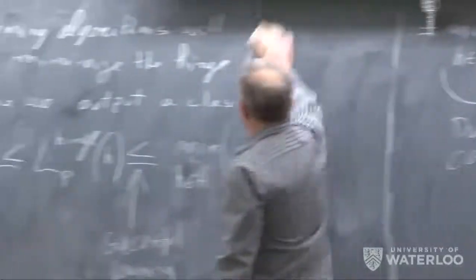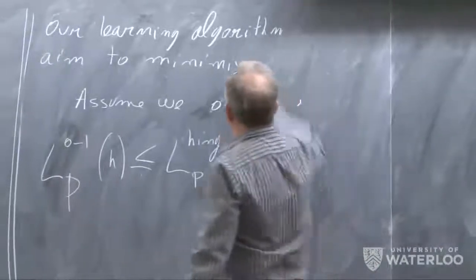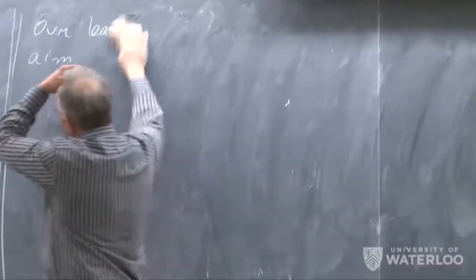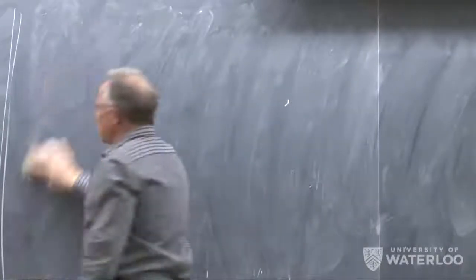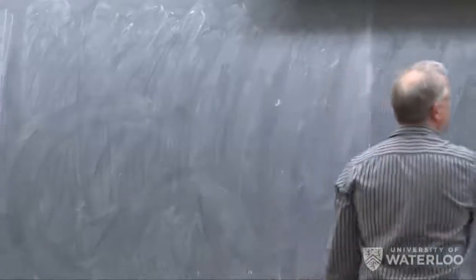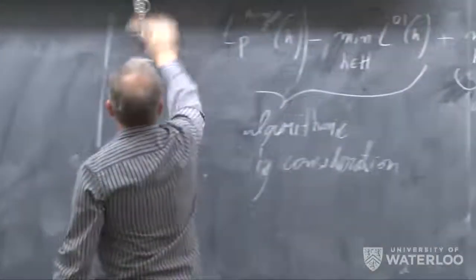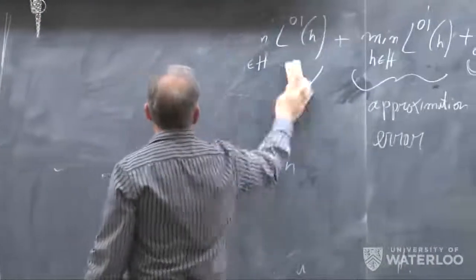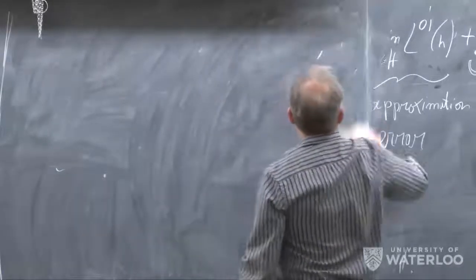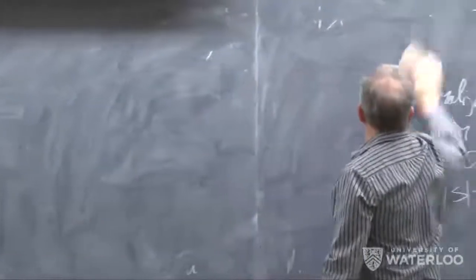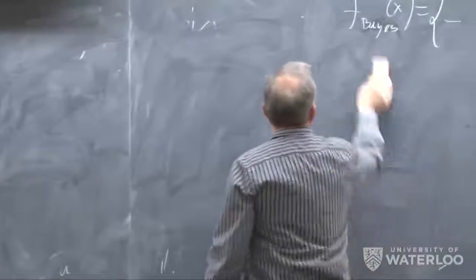So we really ran out of time, but to conclude this discussion of what we are actually doing in the hinge loss, let me just give you results that I will not prove.